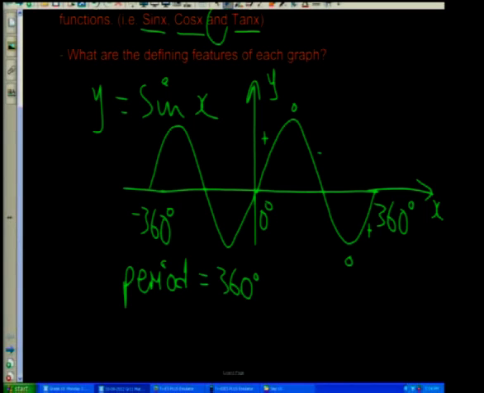At this point, the highest point corresponds to 90 degrees. Then it comes back to 180 degrees. Then over there is 270 degrees.